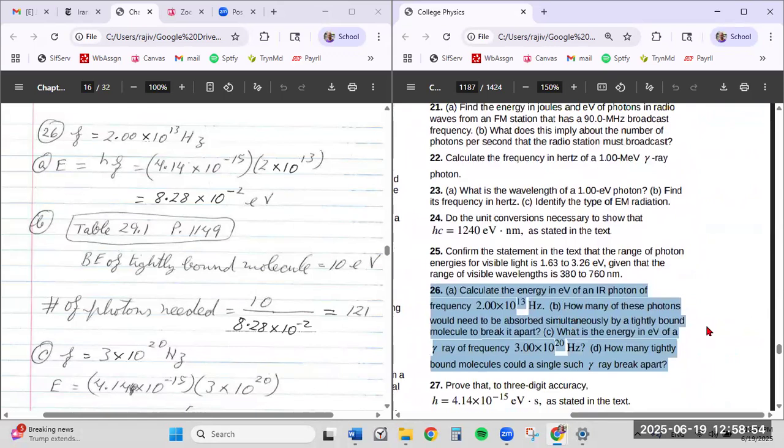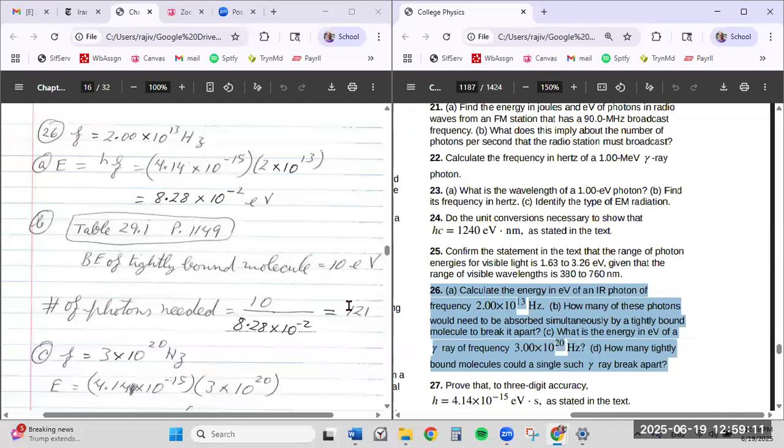So in part B, we have to find how many of these photons would need to be absorbed simultaneously by a tightly bound molecule to break it apart. So basically, the amount of energy you need is the energy with which these molecules are held together.